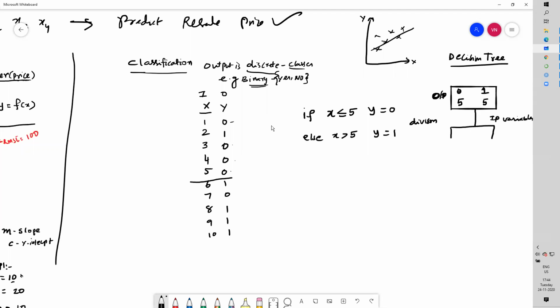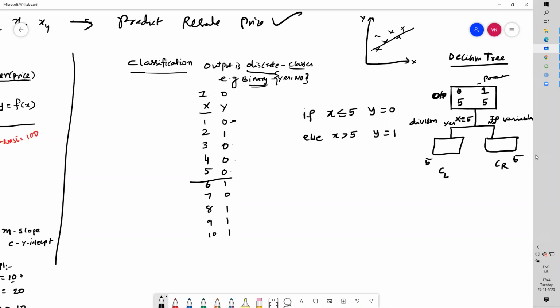X, only X. So X less than or equal to 5, yes this side, no this side. So these observations will go to the left child. This is called the parent node. And this is the child on the left hand side. This is the child on the right hand side. On the left hand side, we got 5 observations. On the right hand side, we got 5 observations.